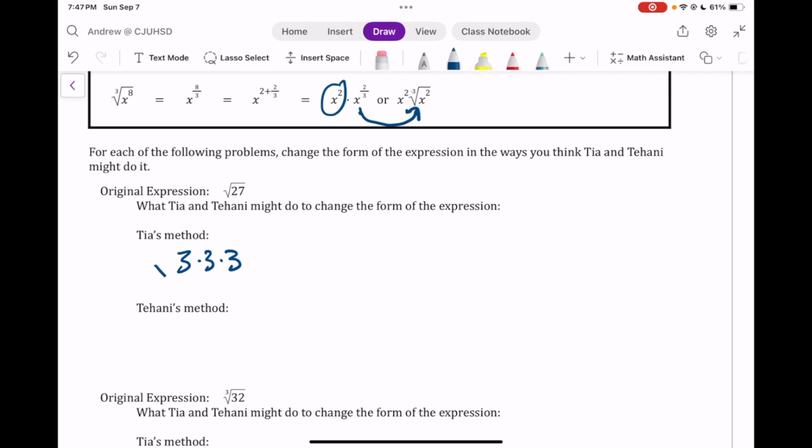And we're going to do the square root, right? But every time we see 2 3s, we get to take that out. So these 2 are going to come out together, leaving an extra radical 3 behind. And those 2 3s at the beginning are going to just be 1 3 without the radical.